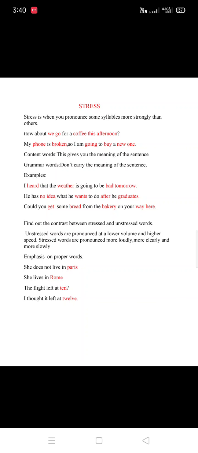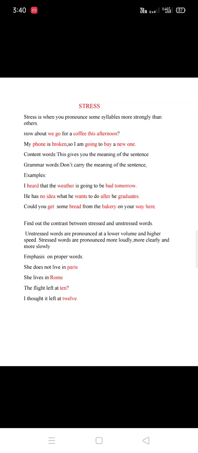There is no specific rule regarding how you can identify the content words, so you have to identify which are the most important words and which give you the meaning of the sentence. Then you have to give stress on content words.